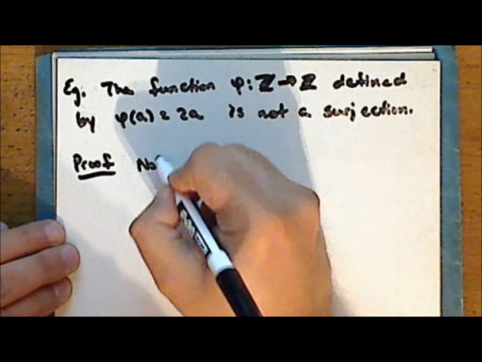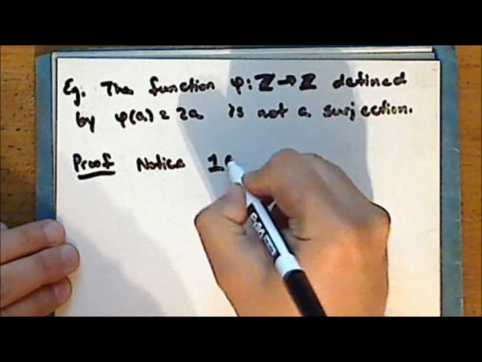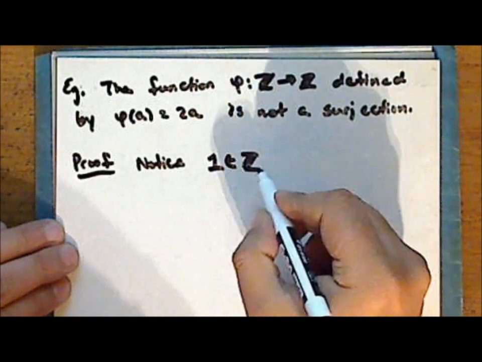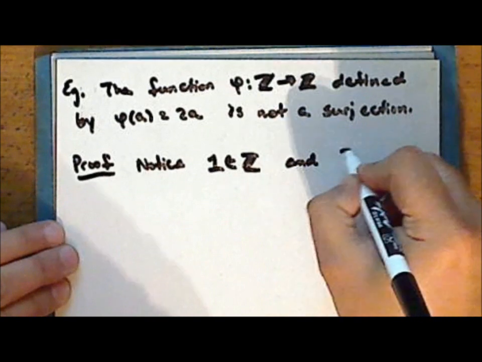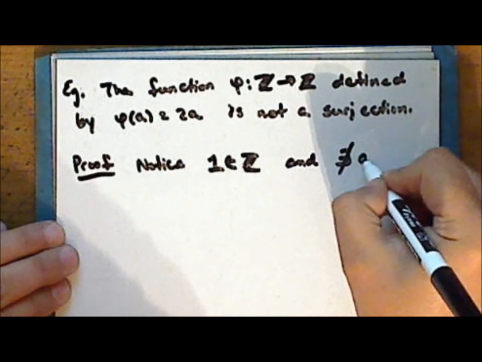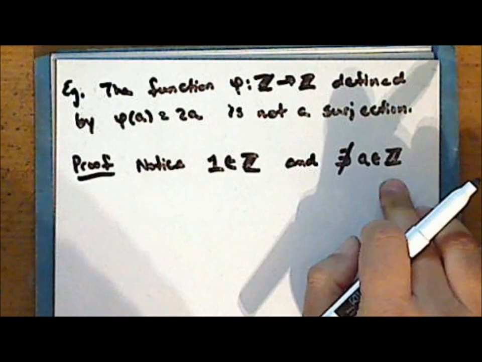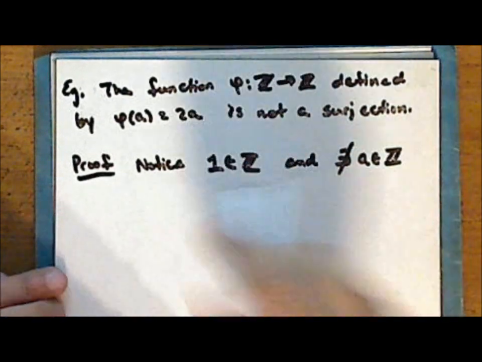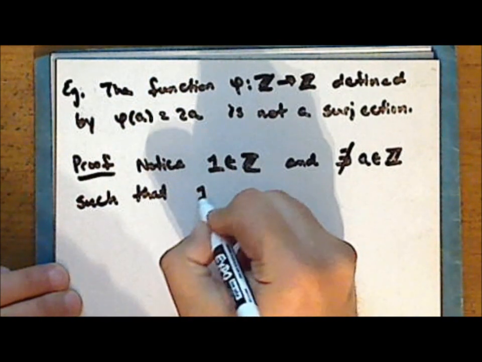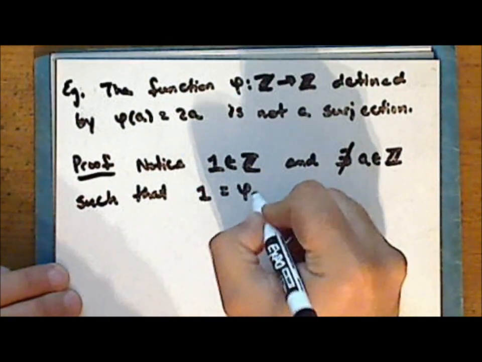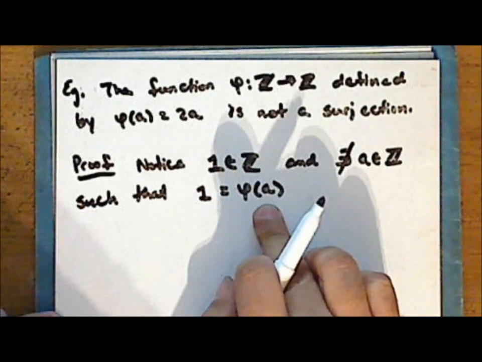Notice that the number 1 is in the codomain, which is the set of integers. And there does not exist an element a in the domain, which is also the set of integers, such that 1 is mapped onto, under the map phi, by any integer a.